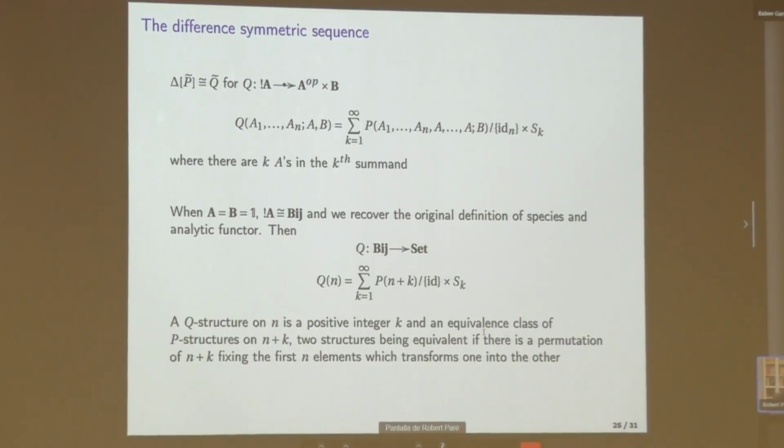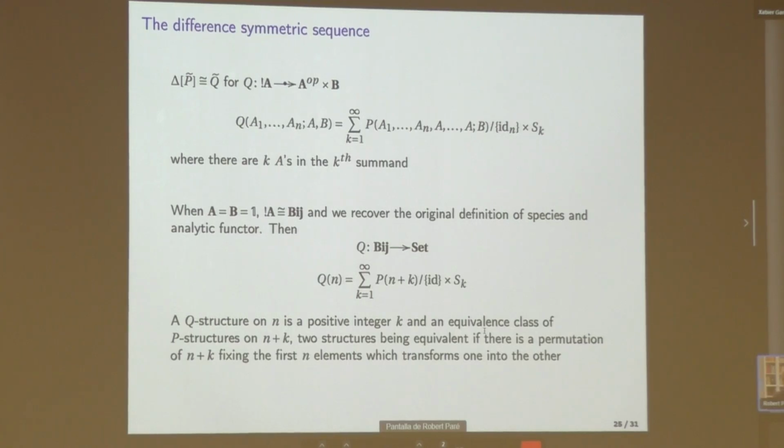Q of A1 to AN, now at A and B, is the coproduct of P with the A1 to ANs, and then we put in k A's, at least one of them, and then at B we evaluate P at B, and we mod out by the action of the symmetric group on those A's that we just added in.